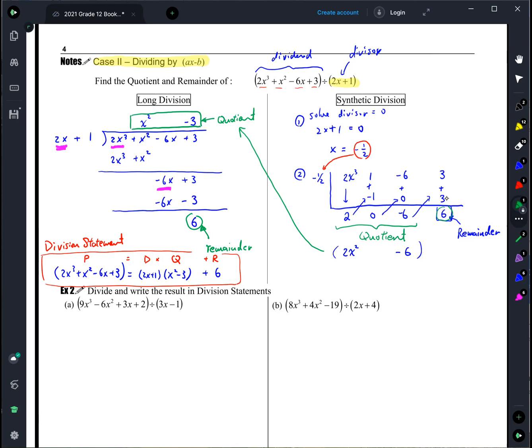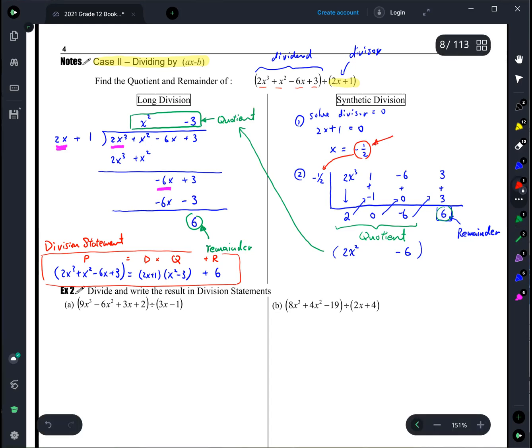So how come it happened this way? Why does the synthetic division need to divide by 2? It came from how we use the divisor in the first step. Remember we used the negative half as our divisor. What that means is we are pretending our divisor for the moment to be x plus 1/2.